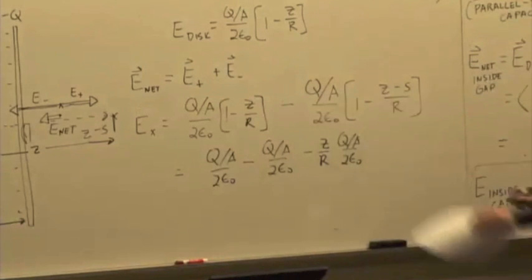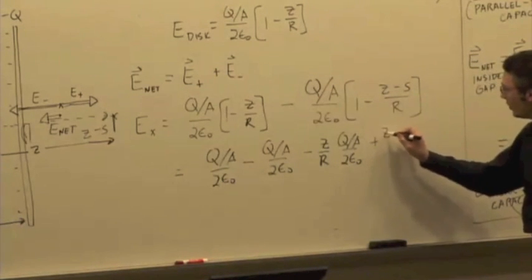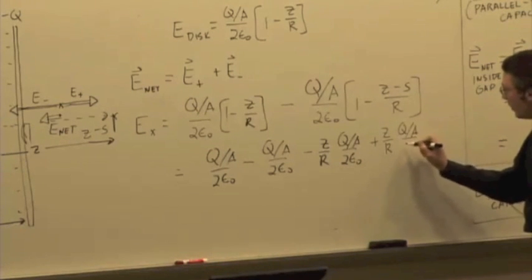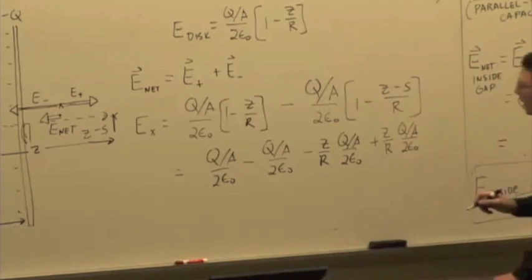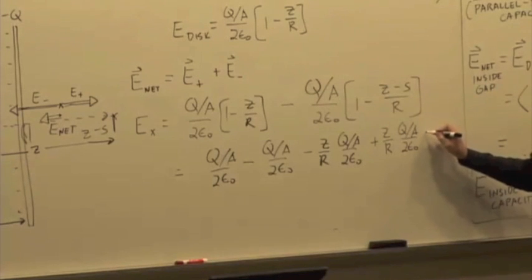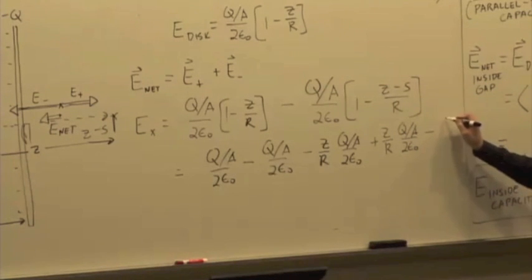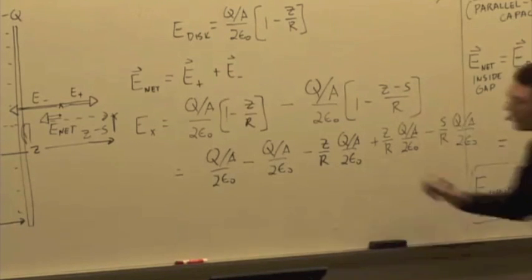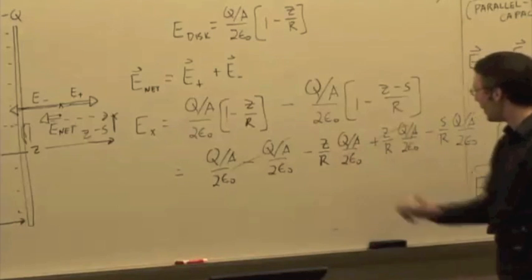If we bring the negative sign inside, we have a plus Z over R times Q over A over 2 epsilon 0. And we end up with a minus S over R times Q over A over 2 epsilon 0 when we work out all the algebra. So a lot of things cancel out here.